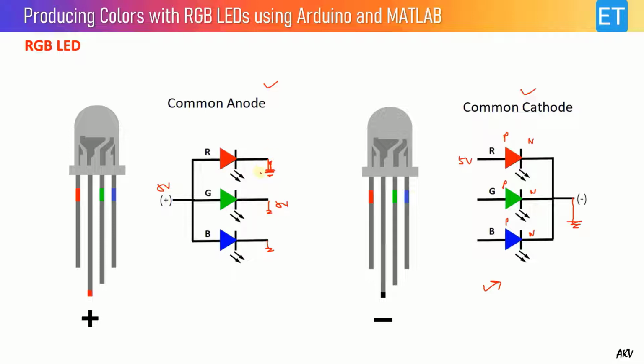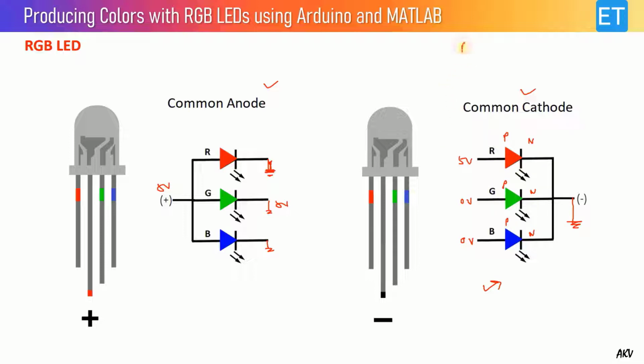Okay, so to produce different colors, suppose in this case you want to produce only a red color. So obviously you will give 0 volt to green, 0 volt to blue. You will give only the 5 volt to this red LED and it will run at the full brightness. So you will get the red color.